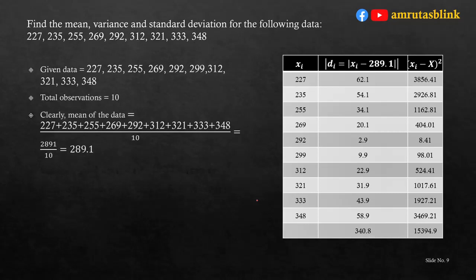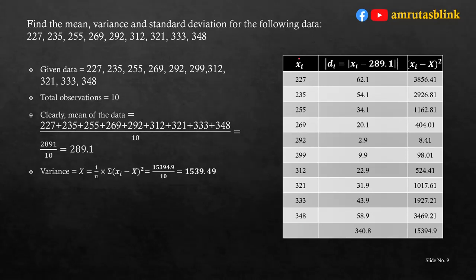For that, we will write down the given data in the form of a table. So, in the first column, we will write down the given data under the column xi, that is, the values 227, 235, 255, 269, 292, 299, 312, 321, 333 and 348.